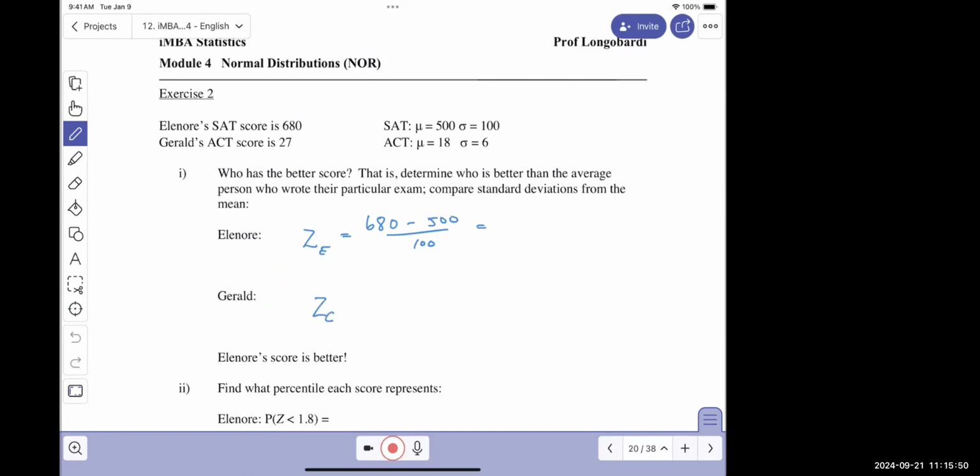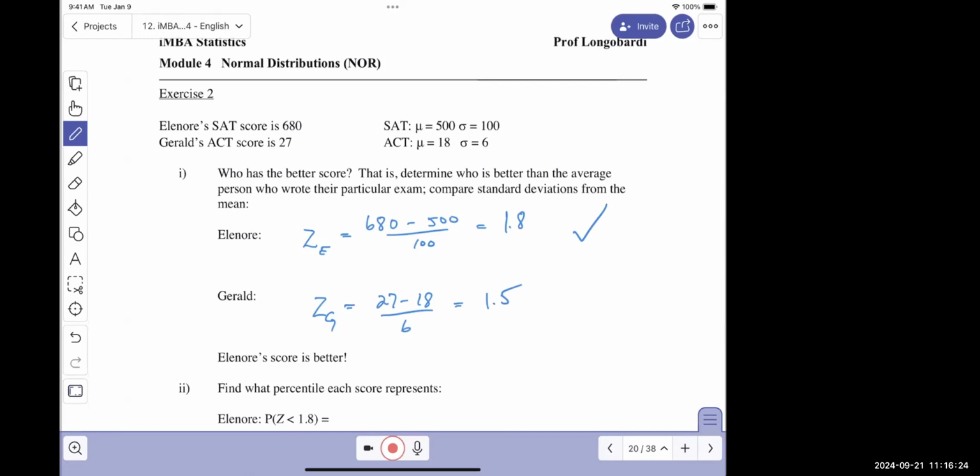And for Gerald, you have to do the same thing, but using his group scores. Okay, so you should get that Eleanor is 1.8 and Gerald is 1.5, so she is the better student.